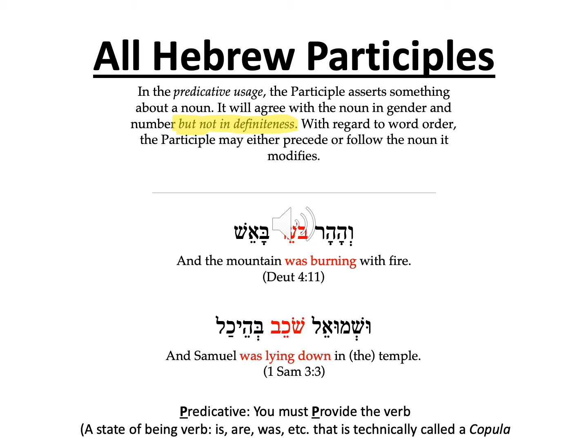That's technically called a copula. So here we have the mountain was burning. Samuel was laying down. It's a state of being verb. Is, are, was, etc. You must provide the verb in the translation because there isn't one actually listed, but it is implied because it is the predicative use.